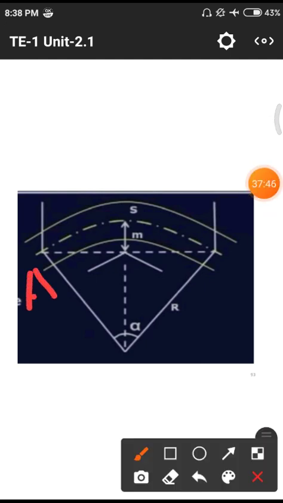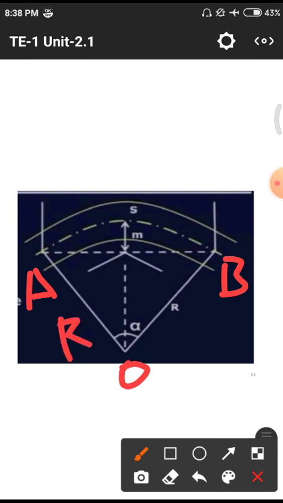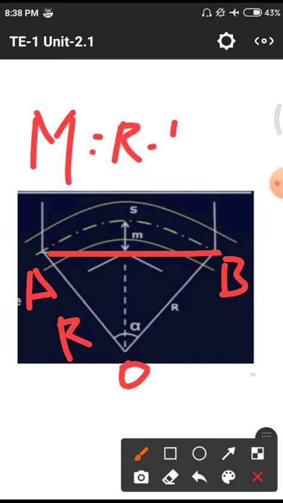This is point a, this is point b. This is the center of the curve. O to a is radius r, and O to b is also the same radius. This is the line joining points a and b. From that we calculate m, m equal to r minus r cos alpha by 2.